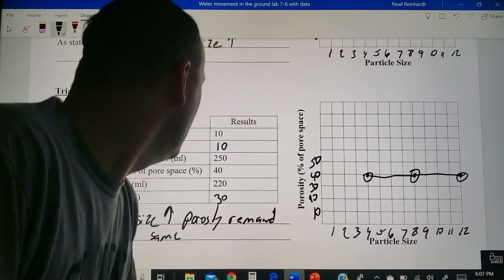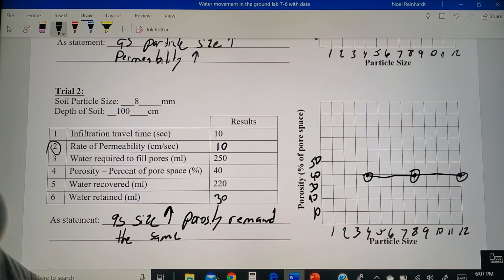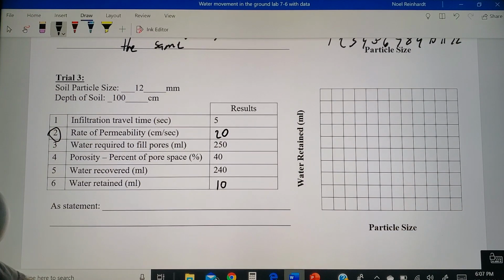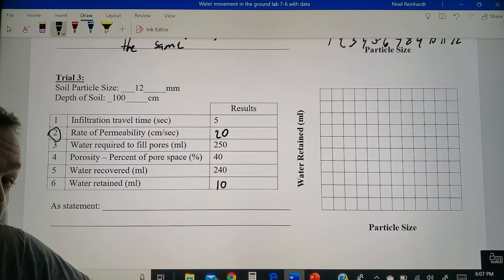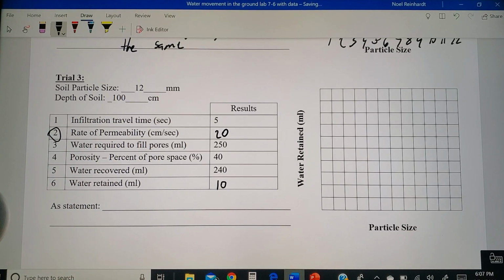Okay. And now we'll take a look at that third one there. This one is talking about water retained versus the size. Well, once again, it's the same size particles, 4, 8, and 12. So use the same interval.